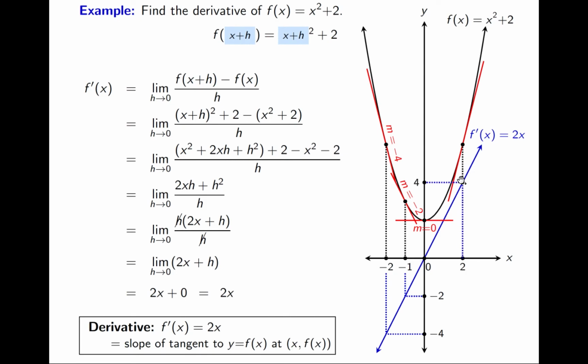F prime of 2 is 4. So therefore, this tangent line has slope m equals 4. So you can see from this picture that the derivative f prime of x equals 2 times x is really giving us slopes to the tangent lines to the graph of f of x equals x squared plus 2.